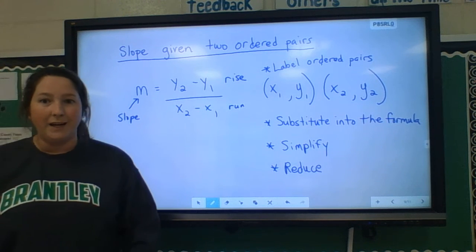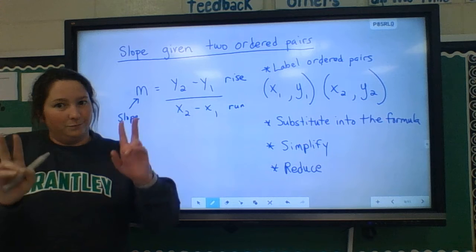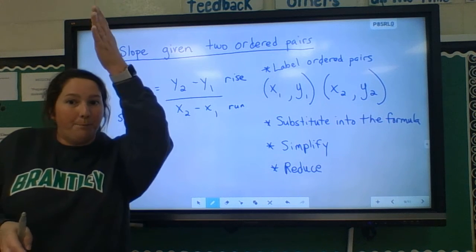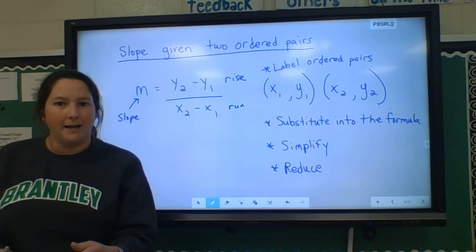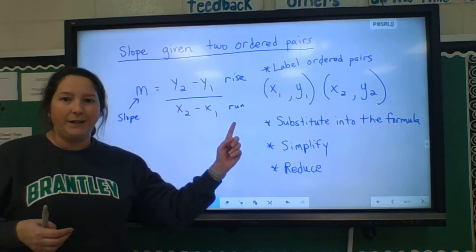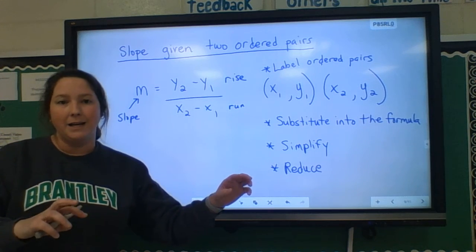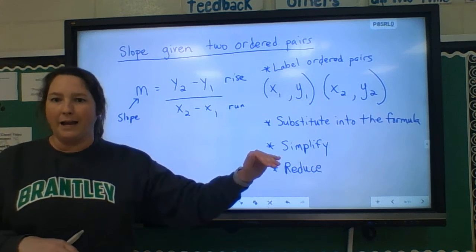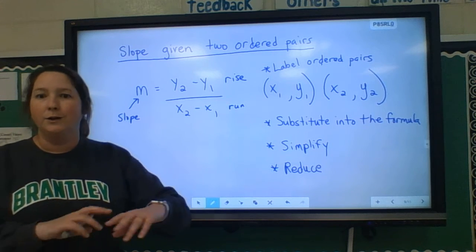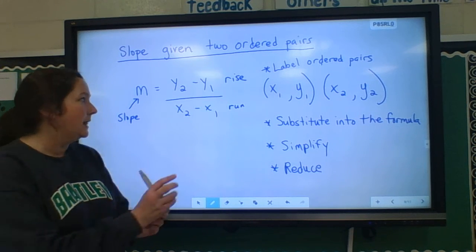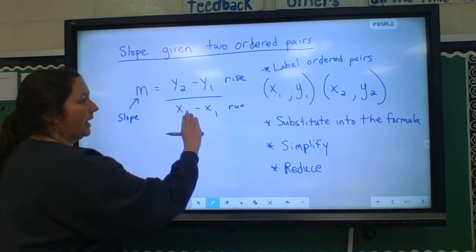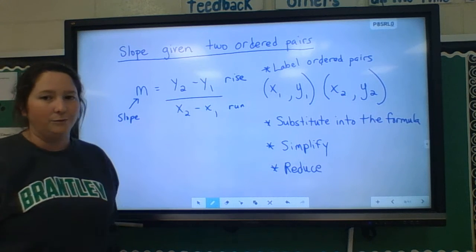Which way did we go when we went rise? We went up and down, like the y-axis. Which way did we go when we did the run? Left and right, which is the x-axis. Totally makes sense. So the y's are on top.